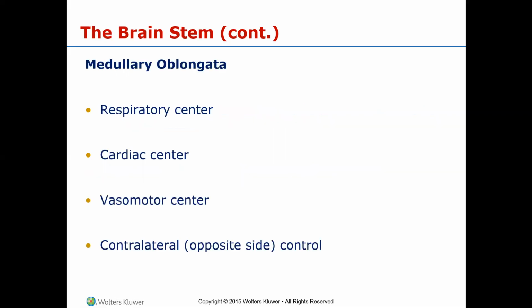However, the medulla oblongata, which is the bottom portion of the brain stem before you get to the spinal cord, is the primary area for our autonomic nervous system, our respiratory center, our cardiac center, our vasomotor center, which is our blood pressure, and for control of the right and left sides of the brain.